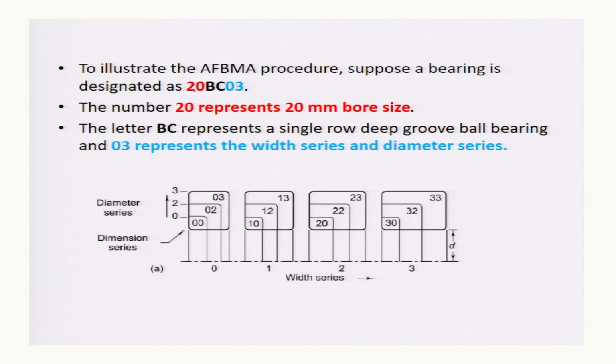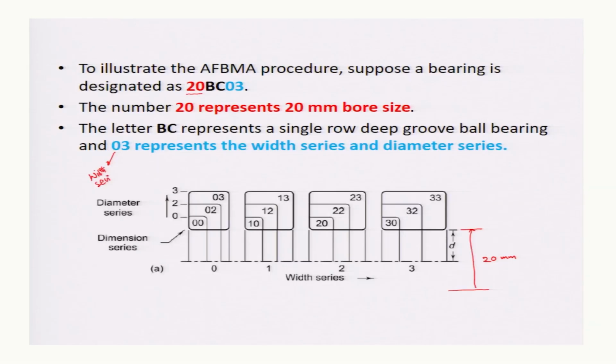The number 20 represents the 20 mm bore, and 03 represents the width series and the diameter series. Width series is 0 and the diameter series is 3.